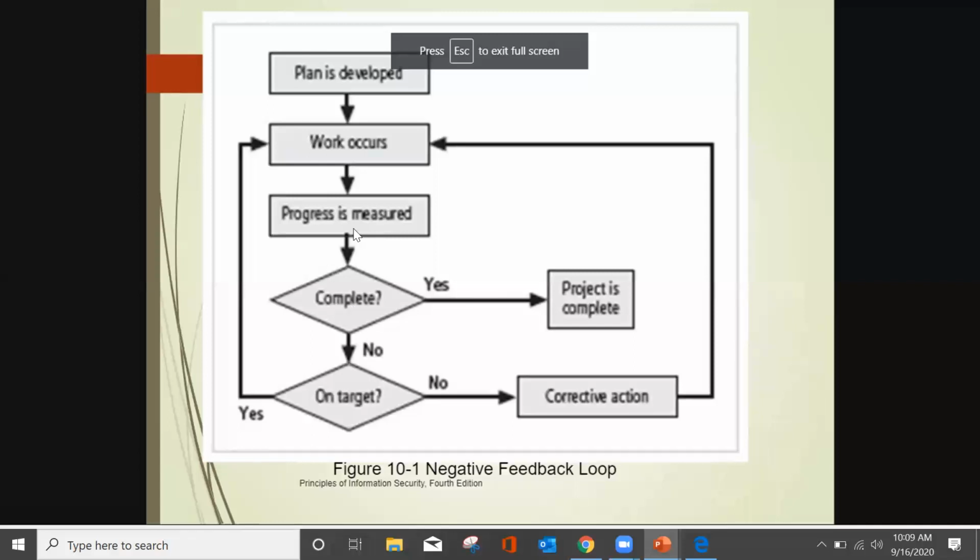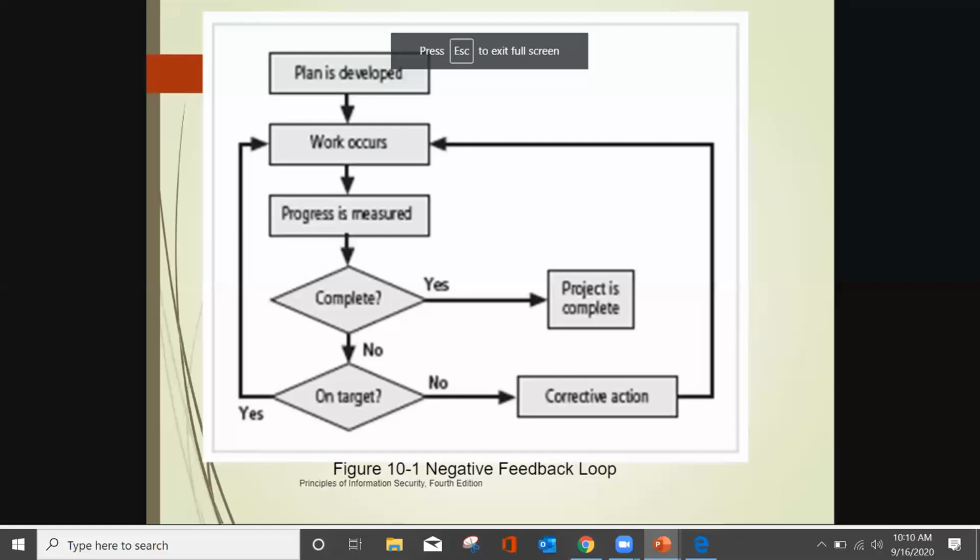But if the progress is measured and you're not happy with the progress, it's not complete. Then you have to ask, are we on the right track? If you are on the right track, you go back and continue working, and you measure the progress again. But if you are not on target, you have to see, okay, something is going really wrong here.